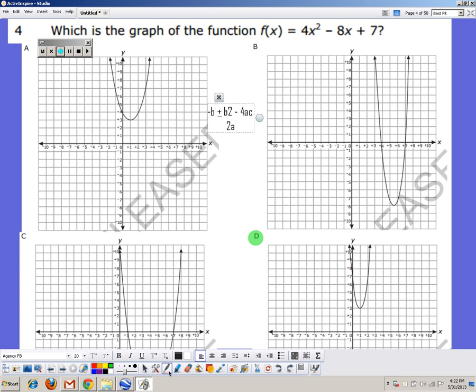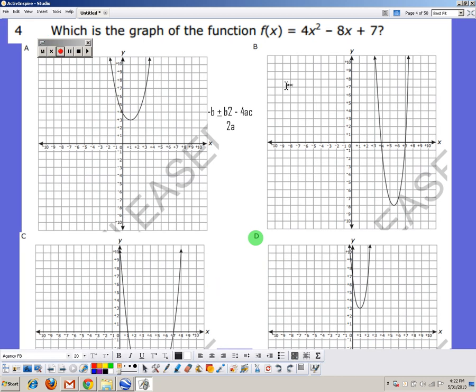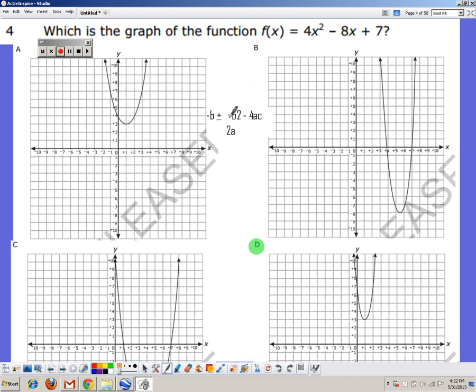And you can use that to find the solutions to your equation. Remember, if you get an answer that does not make sense, such as the square root of a negative number, you know that there is no solution.